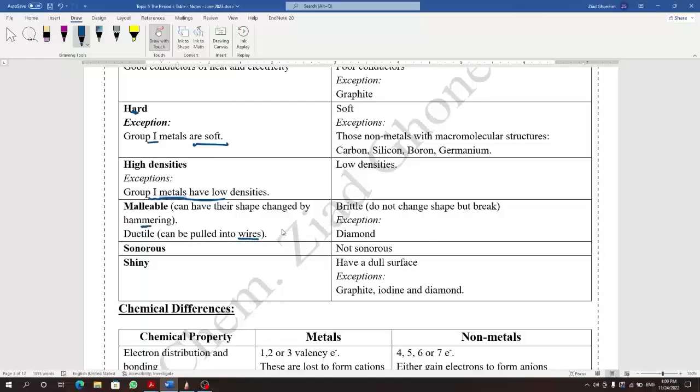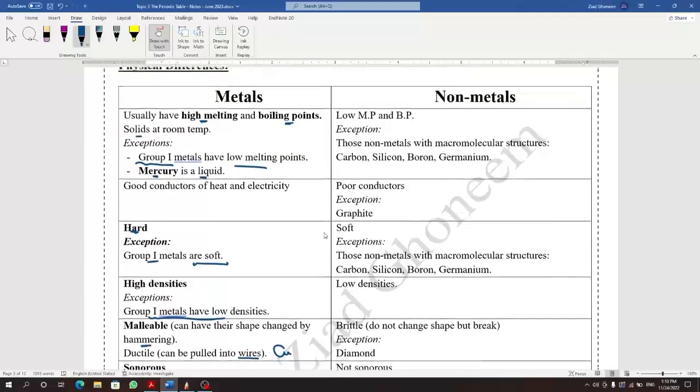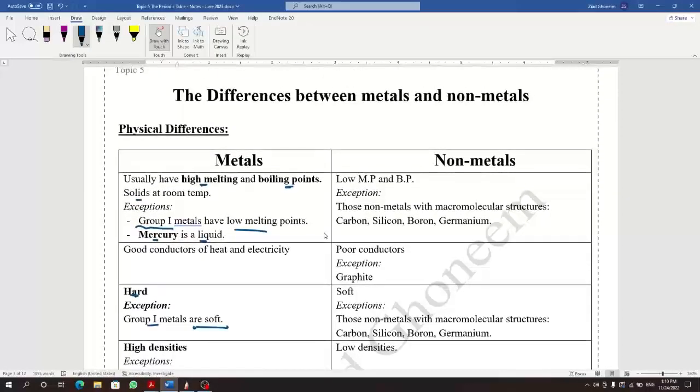Always think of copper. Copper is used in making electrical wires. It's a transition metal, so it's a metal. It follows the general rules. It's ductile, so it can be pulled into wires. They are sonorous and they are shiny. All metals are shiny. So the important part in here is the exceptions for group 1 metals.